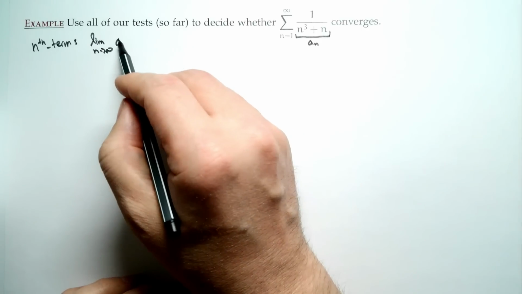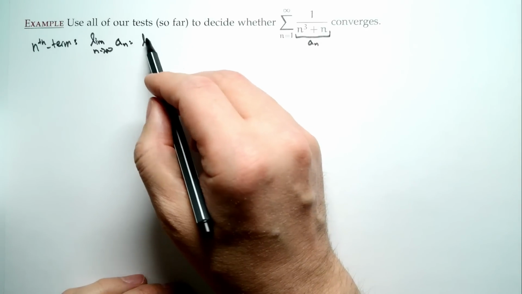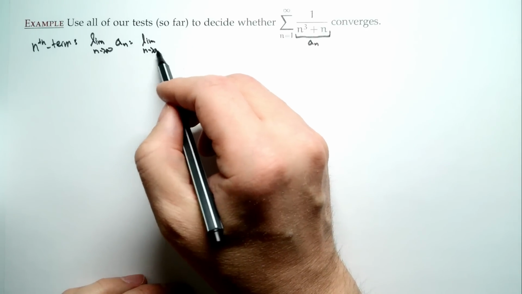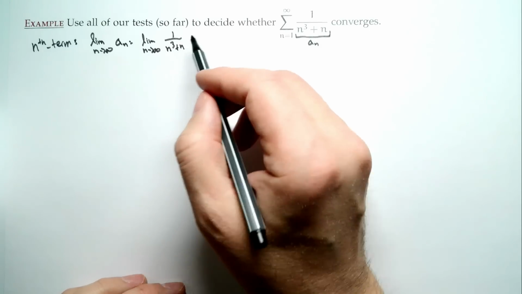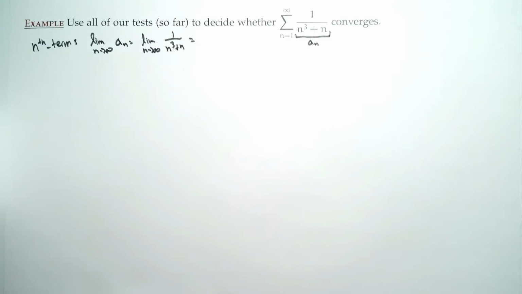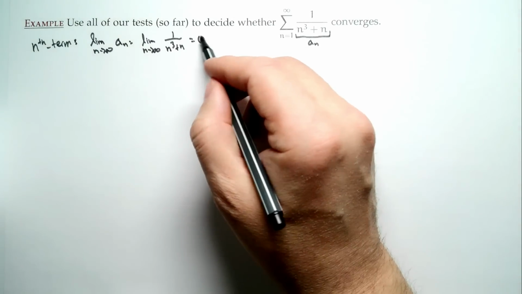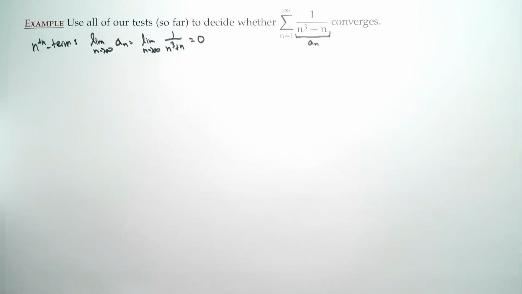That's the limit as n goes to infinity of 1 over n cubed plus n. And what does that go to? It goes to 0. So by the nth term test, the terms go to 0.